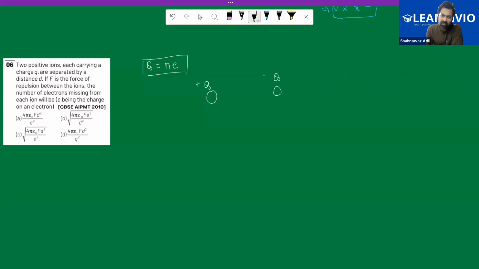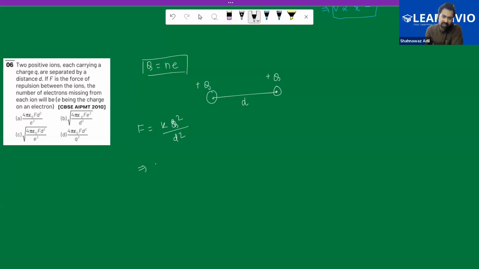Both are positive. And the distance between them is how much? Distance is d. So the Coulomb force between them would be how much? That would be simply k q square divided by d square. So this is the Coulomb force.